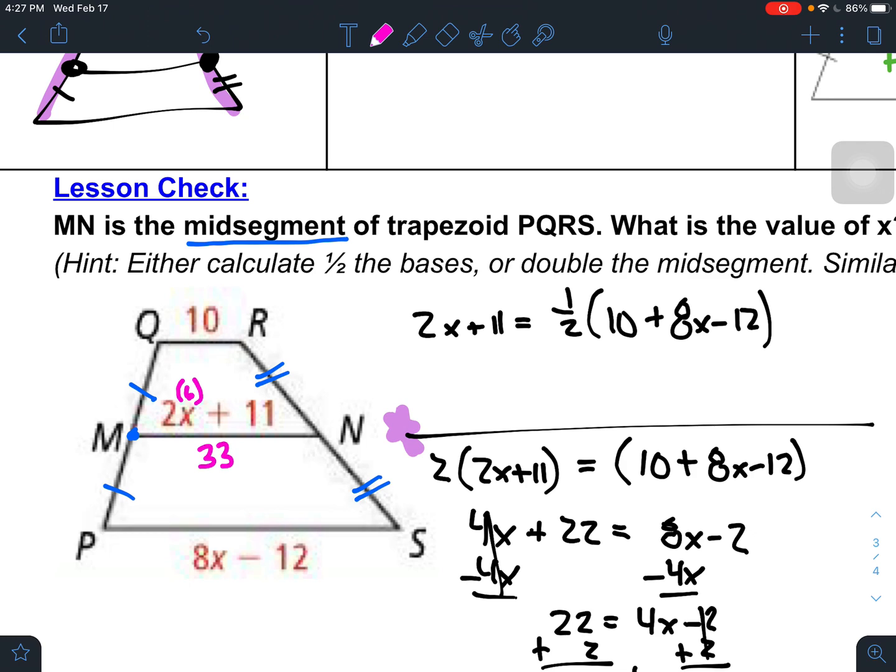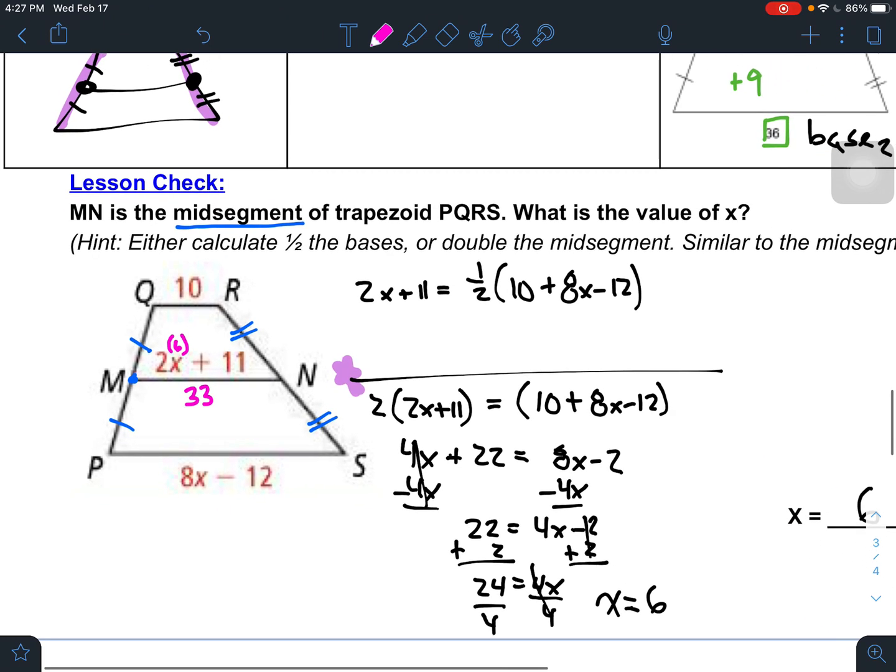If I substitute 6 into the second equation, I would get 8 times 6 minus 12. So that's 48 minus 12. And that's 36.